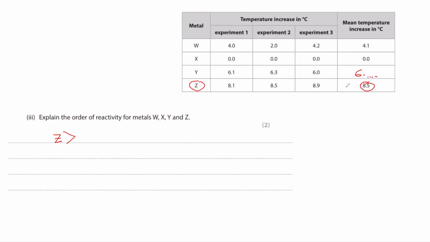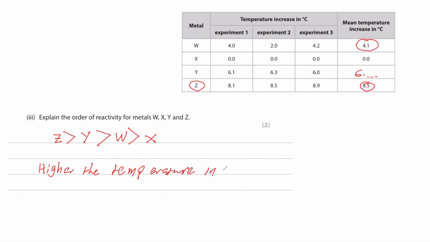Then the second one should be Y. The third one should be W. The last one should be X. Why? Higher temperature increase, more reactive the metal.